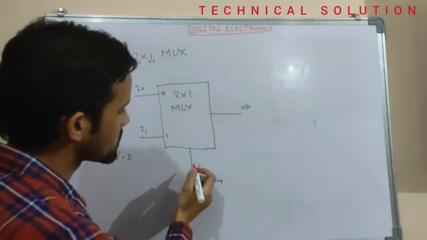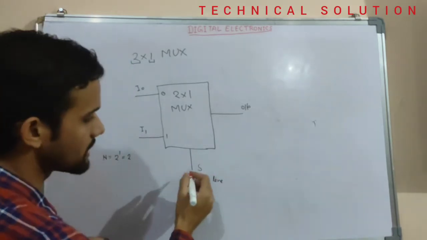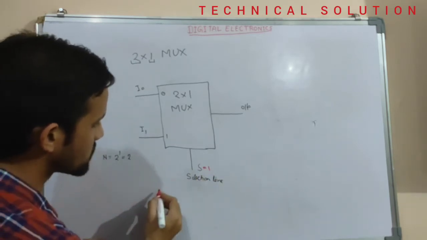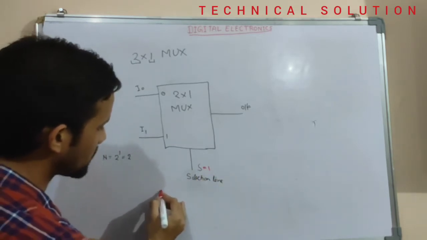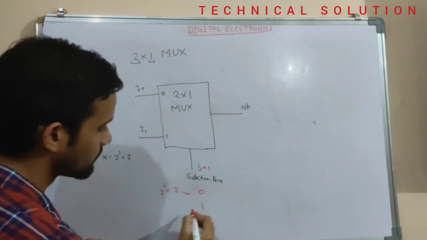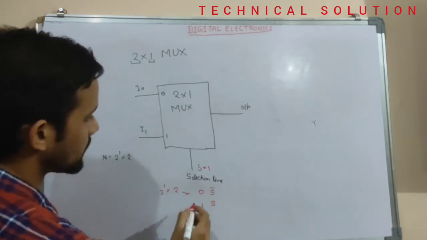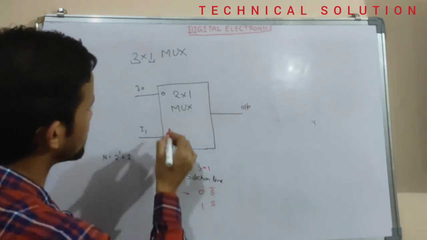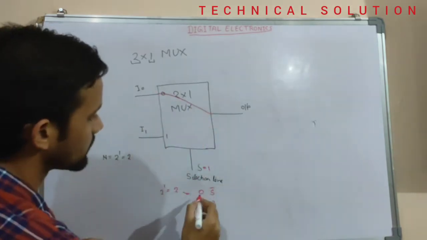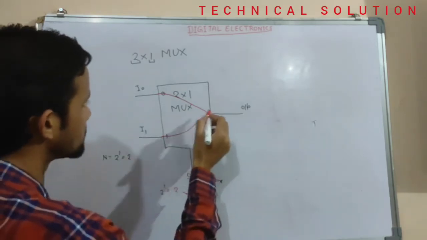This selection line has two possible combinations, S bar and S. Here the selection line is 1, so the total minterms possible are 2 to the power 1, that is 2, and they are 0 and 1. They can also be represented as S bar and S. If it is 0, then I0 is passed. And if it is 1, then I1 is passed towards the output.